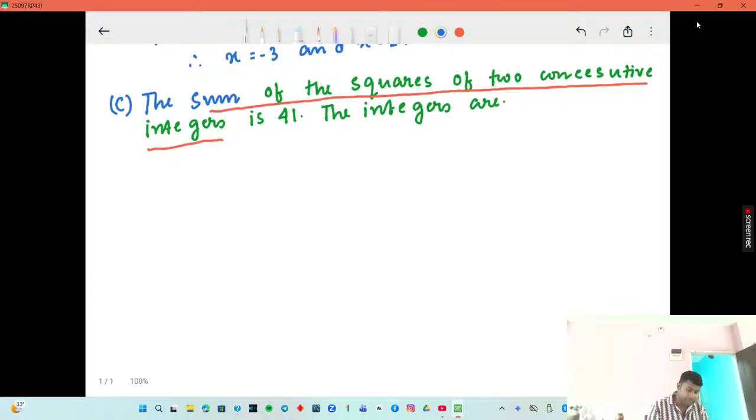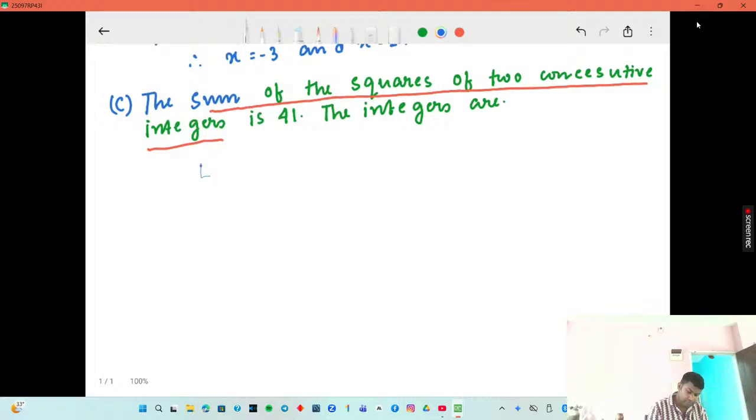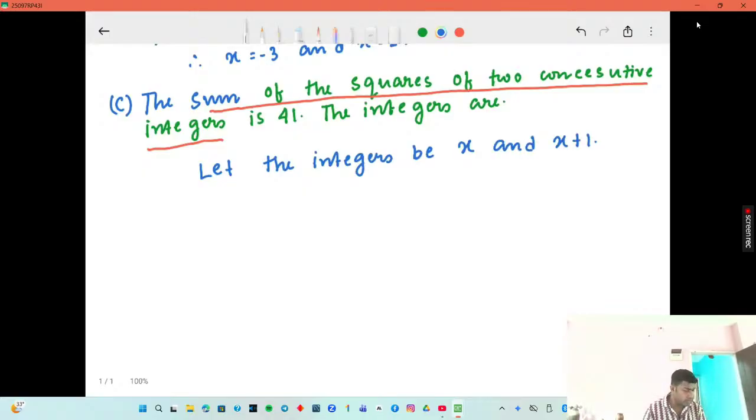So here let the integers be x and x plus 1. Is it clear to you? So what are the integers?